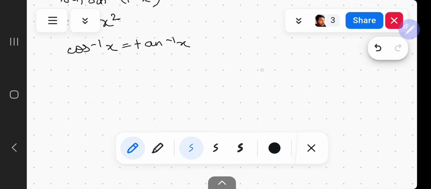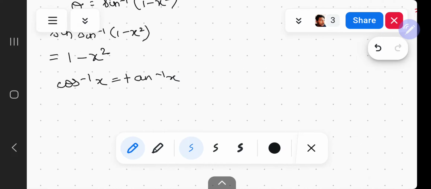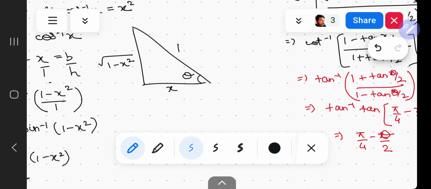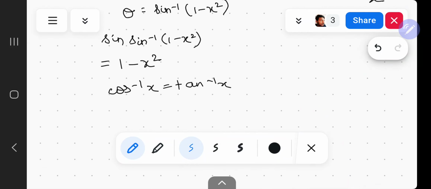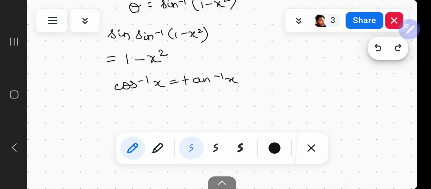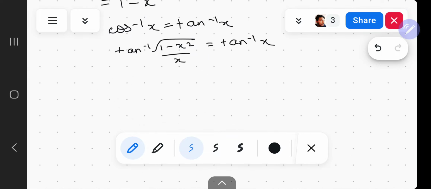So here we will convert cos inverse x into tan inverse x. In the given triangle, we can see that tan theta is equal to under root of 1 minus x square over x. That's the perpendicular over base. So cos inverse x we can write as tan inverse of under root of 1 minus x square over x, which is equal to tan inverse x.